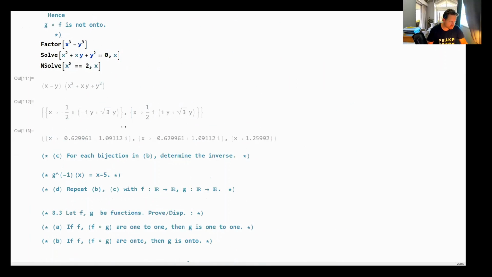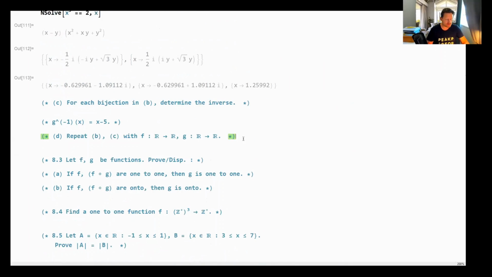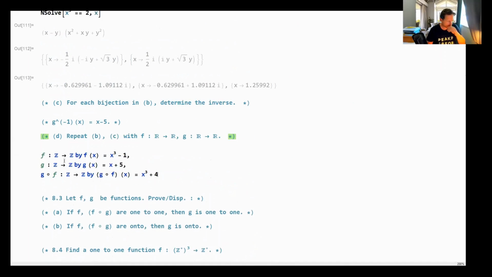These are the rules, except they map from real numbers to real numbers. So just copy and paste this, real to real. Okay, so now we've got these maps. And B and C asked again, are they bijections? In this case, yes, all of those should be bijections.